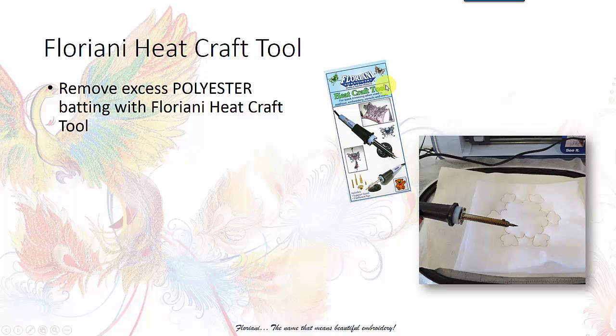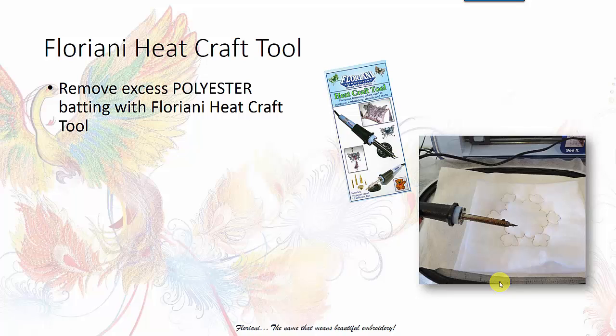Now, if you use wool batting, you can still make this project, but you're going to have to take scissors and trim around all the little outside of the shape, which you could do. Also, you need to have that batting down here because we've got nylon no-show mesh in the hoop that's holding this block together.